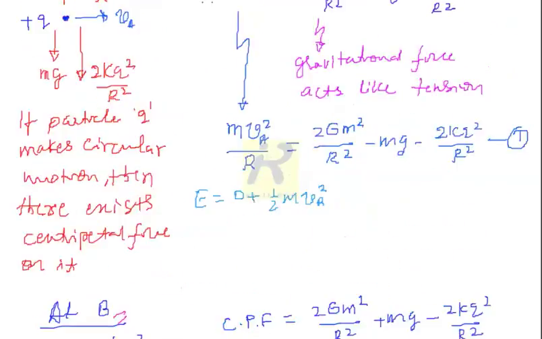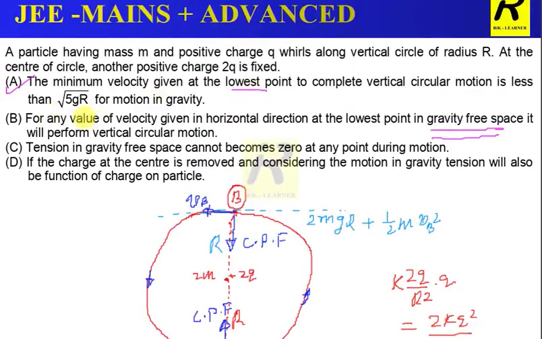So definitely in gravity free space, for any value of the velocity given in the horizontal direction at the lowest point, that means g is equal to 0, it will perform vertical circular motion. So option A is right, option B is also right.